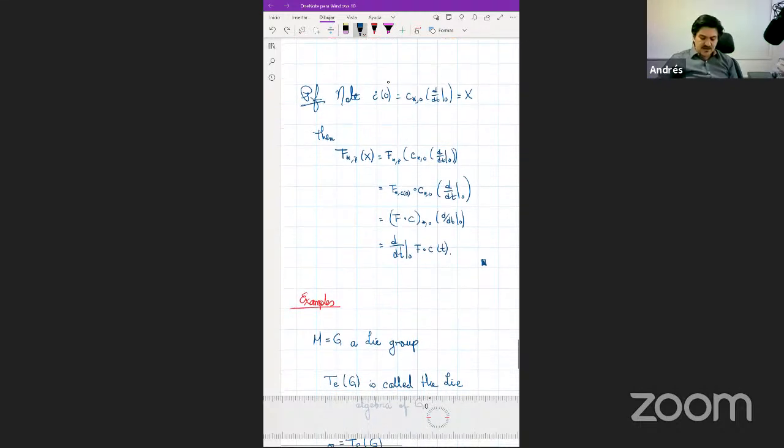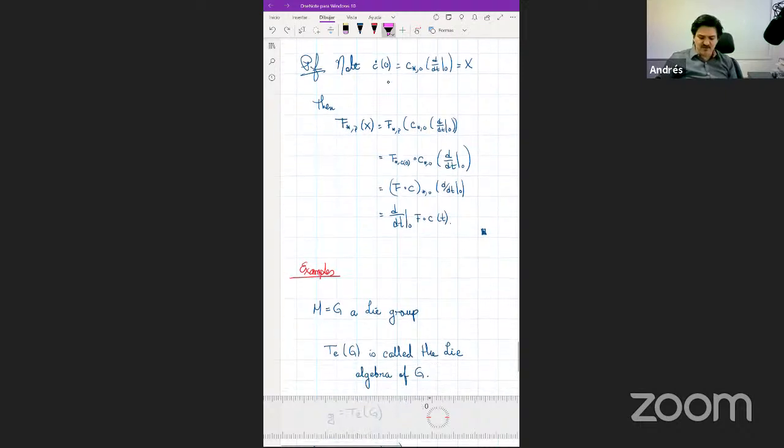Now, on any group, we have a distinguished element, which is the identity element. So if I look at the tangent space at the identity, this space is what is called the Lie algebra of the group. So the tangent space at the identity is the Lie algebra. Remember that an algebra is a vector space that in addition has a product operation.